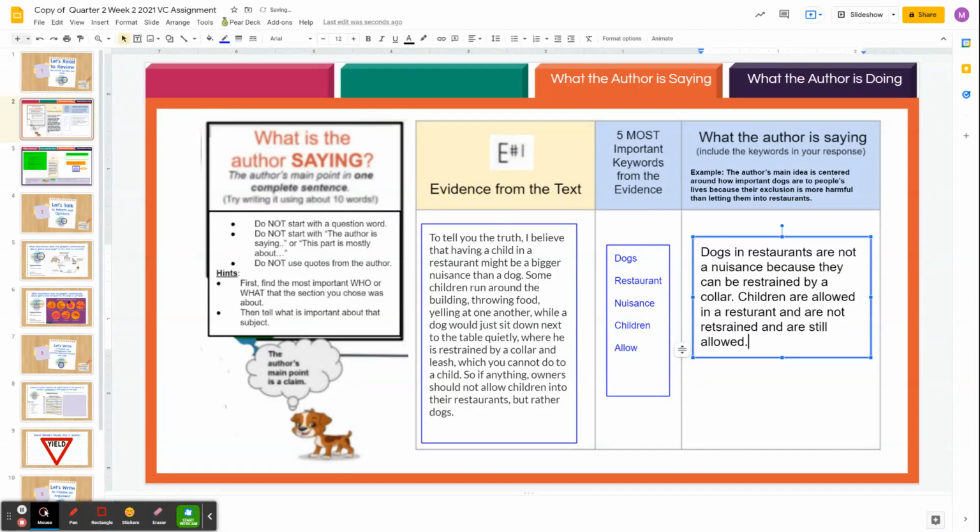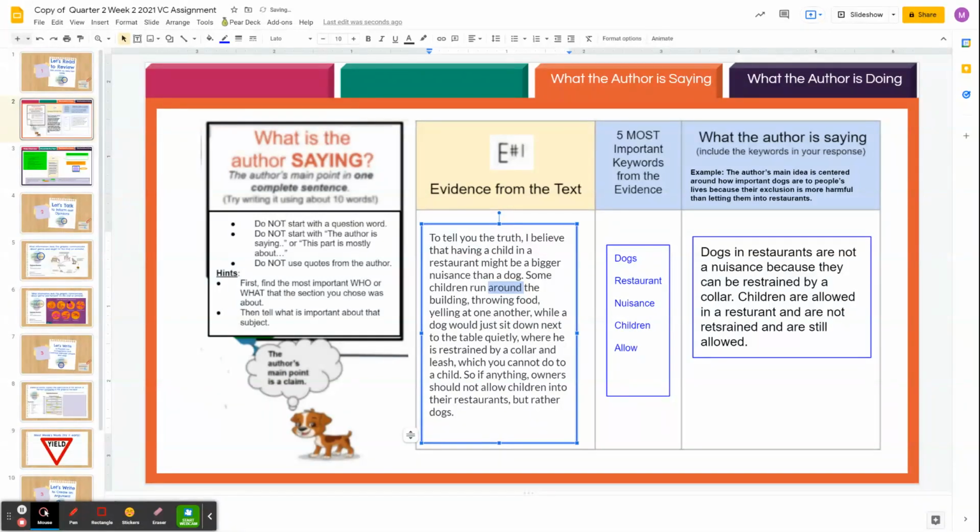Children cannot. So the author in this chunk of text is saying dogs in restaurants are not a nuisance because they can be restrained by a collar. Children are allowed in a restaurant and are not restrained and are still allowed. Notice how I'm evaluating what the author is saying.